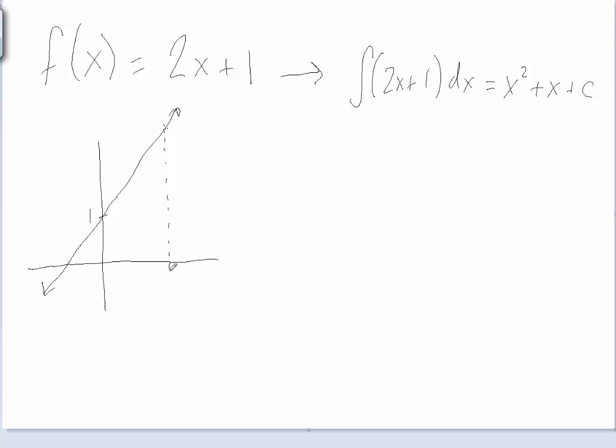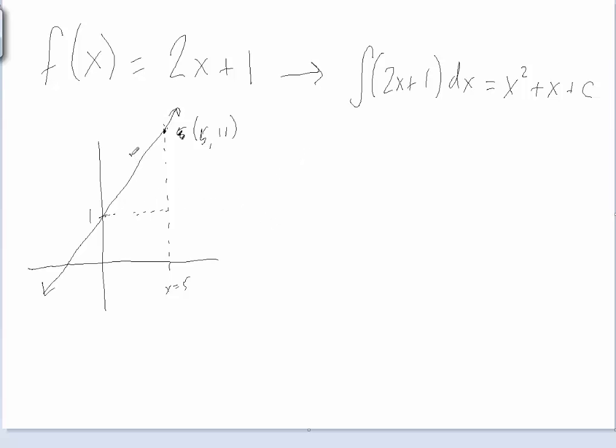If x equals 5, we've got the point 5, 11, and we've got a triangle, and then we've got a rectangle, or we've got a trapezoid. We can find the area under that curve.